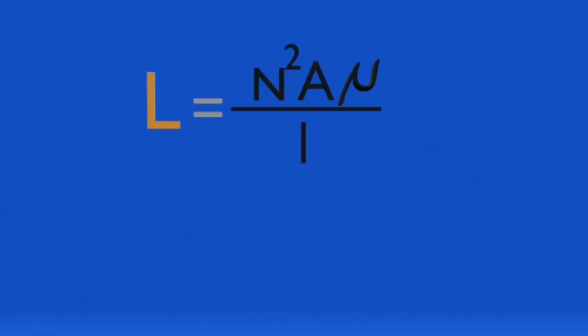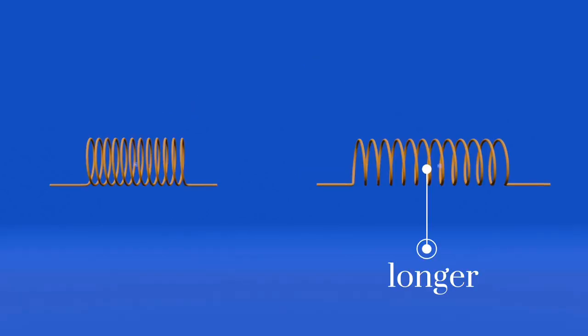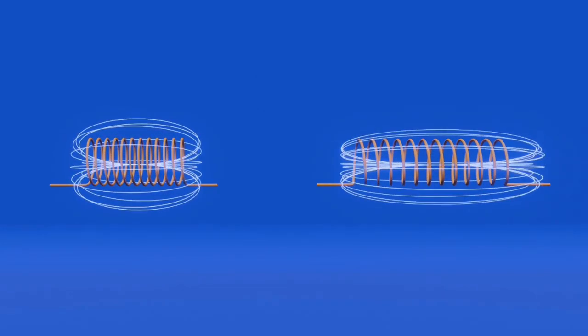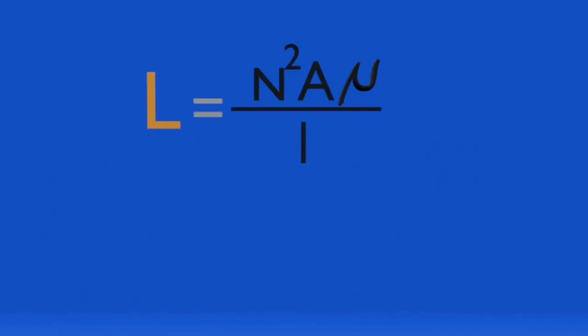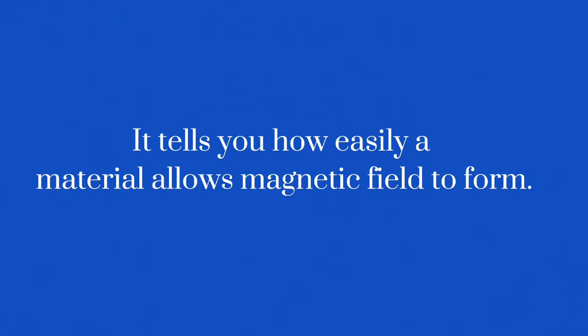The third term is the length of the inductor. When the inductor gets longer, the magnetic field is spread out over a larger distance, and the field becomes weaker per unit length. Our last term is permittivity. It tells you how easily a material allows magnetic field to form.